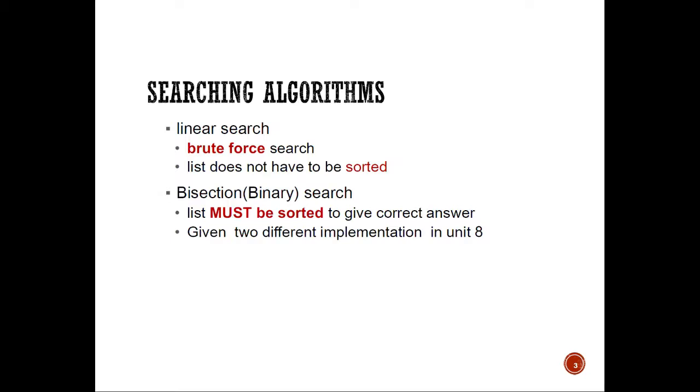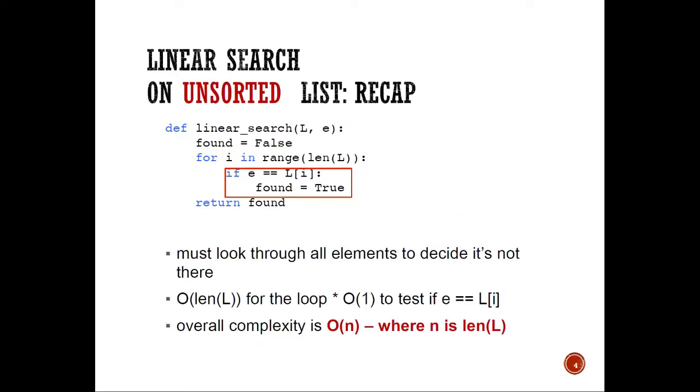In the previous week's lecture, we provided two different implementations of this algorithm. So as a recap, with the linear search method, which can be implemented on an unsorted list, we must look through all the elements to decide if it's there or not.